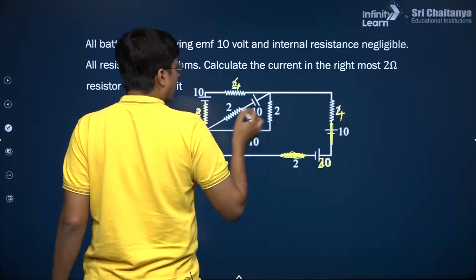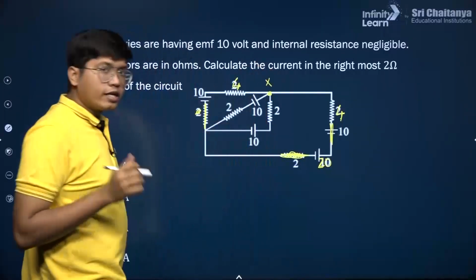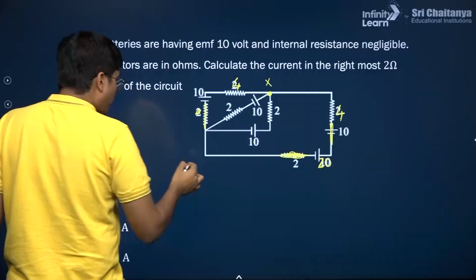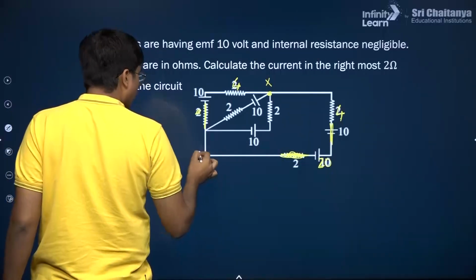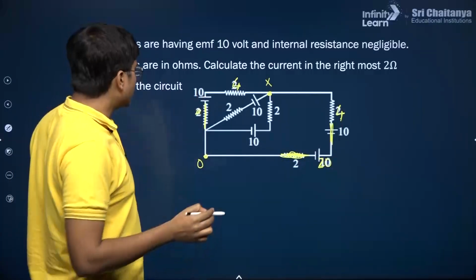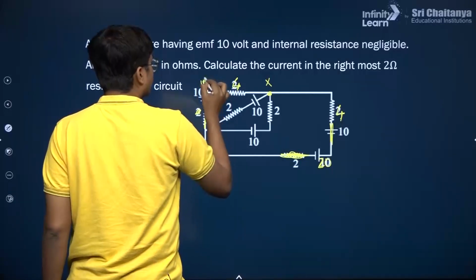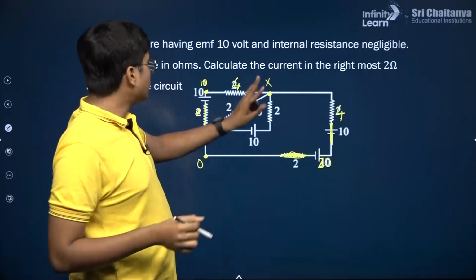I'll assume that this point has a potential x, and this point has the potential 0. If this point has a potential 0, this is a continuous line with a 10 volt cell here, which means this point has a potential of 10. Then you have x over here.